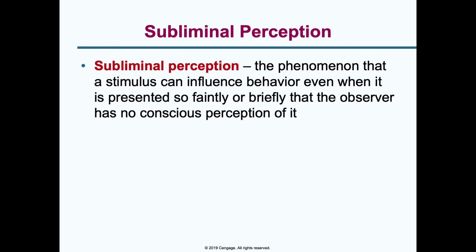Okay. The chapter gets into some interesting information about subliminal perception. Subliminal things are kind of like these hidden messages where we don't consciously hear something, but people think it's in like a song, right? It's a stimulus that's so faint or brief that we really aren't aware of it, but it's getting into our brain somehow subliminally. Okay, so a good example is a message flashed on a screen quickly, or in a song.